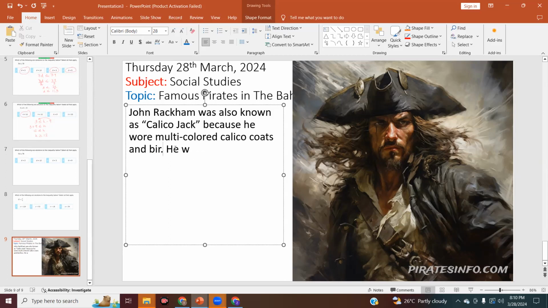Spell this wrong. Now he wasn't a notorious pirate, but he was best known because he associated with two famous pirates. All right.